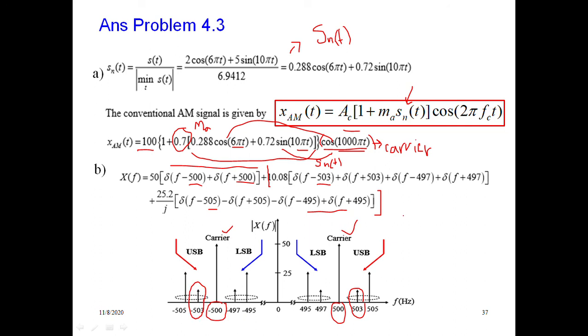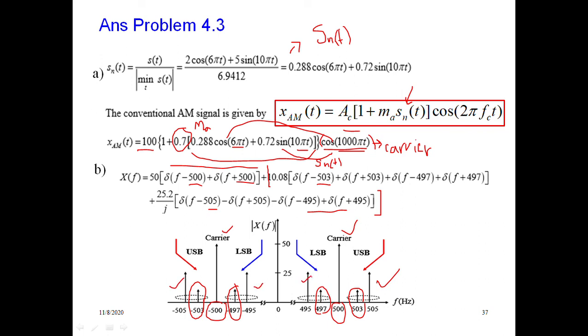And then 497 couples with 503. And then we have the amplitude 25.2 divided by j, or the absolute value, with 505 and 495. 505 coupled with 495.